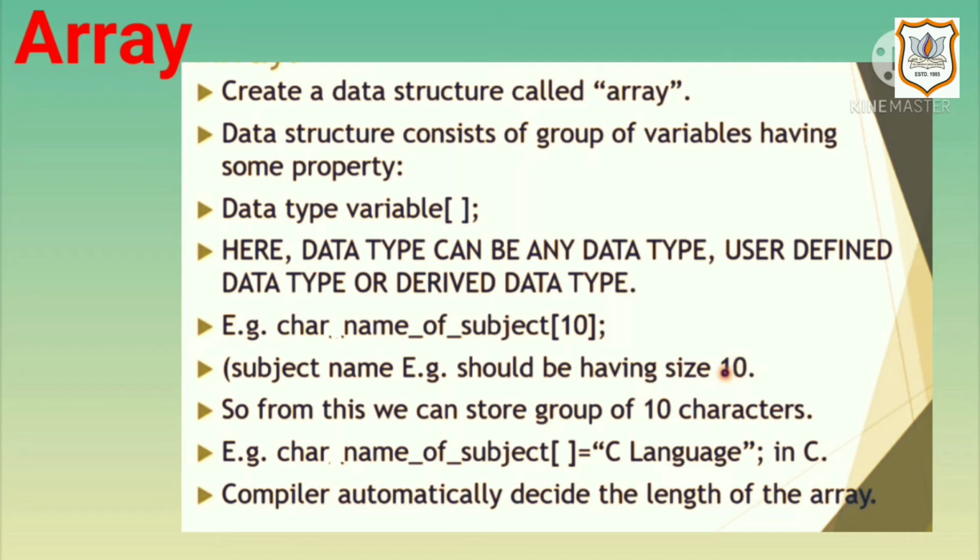The subject name here should have size 10, so from this we can store a group of 10 characters. Example, char name_of_subject square brackets equal to double quotes C language semicolon. In C, the compiler automatically decides the length of the array.